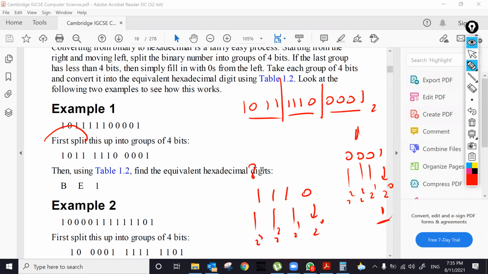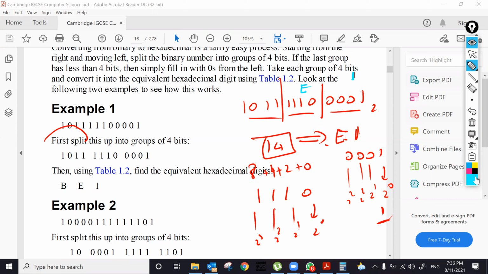That means here 8, here 4, here 2, here 0. What's the value? 14. 14 is represented in hexadecimal by E. So from here it comes E.